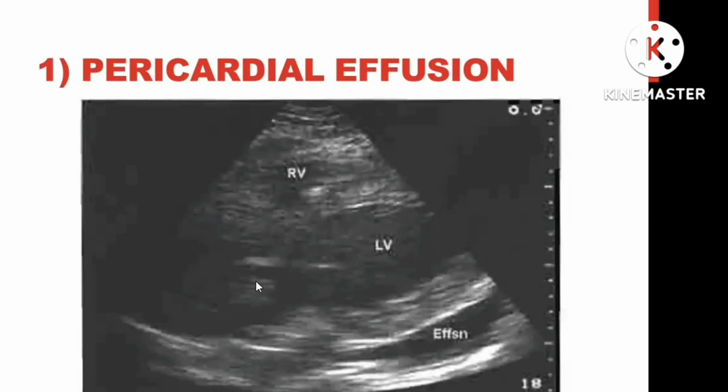Why? So the LA will be on the LV side, but the left ventricle will be here. You look like this. So what do you see? What is the effusion? Yeah, over here.